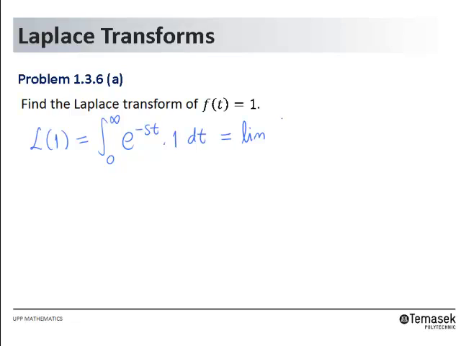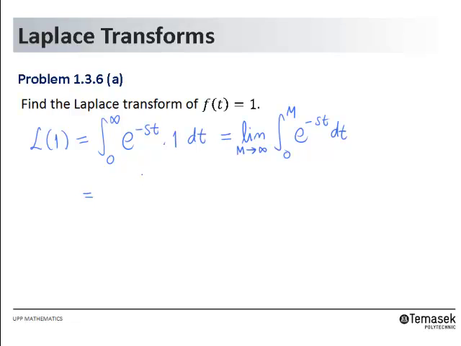Now it means we are taking the limit of the integral from 0 to m of exponential negative st dt as m increases without bound. Take note that the integral is with respect to t. Hence, we regard s as a constant in the integration.